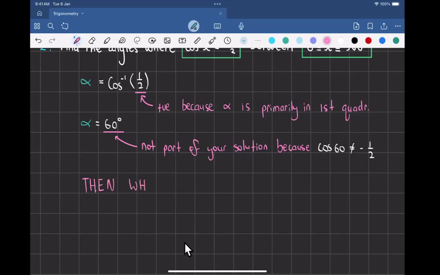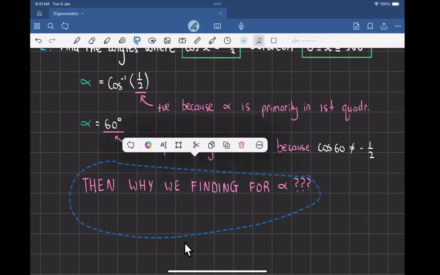Then why are we finding alpha? Kiara would ask that question like this: Rajiv, then why are we finding for alpha?